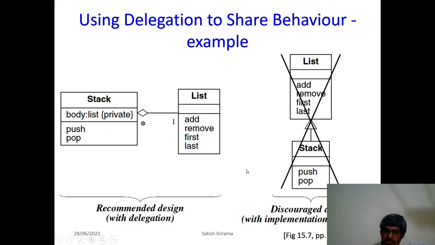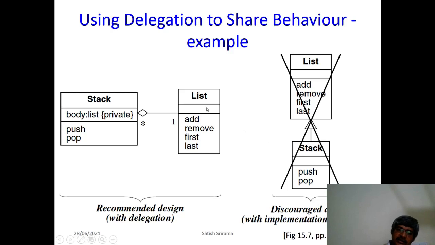Push and pop should be the only operations, but somewhere in the source code you removed an element in the middle or added something, and the stack behavior is lost. How do you handle such a situation? In such cases, inheritance is not a great idea. This is implementation inheritance, and it would be a bad design.